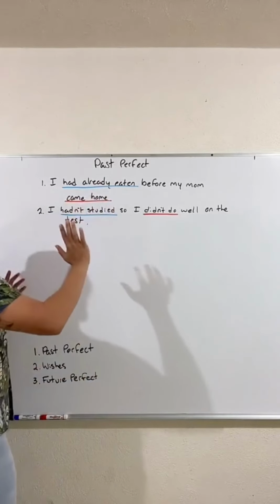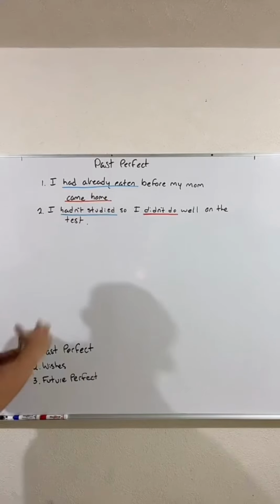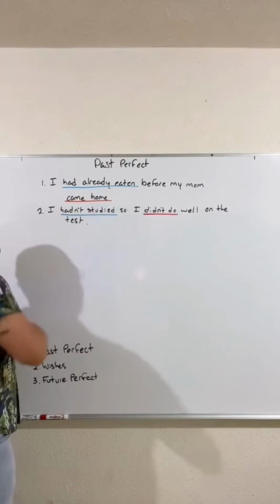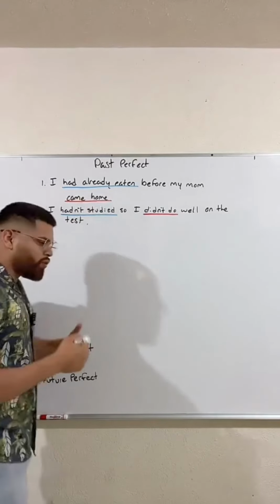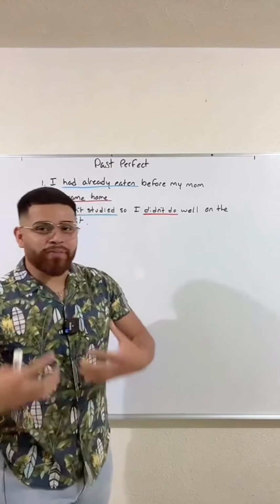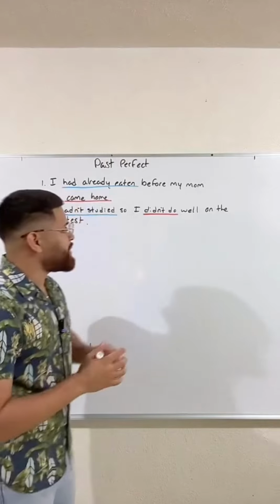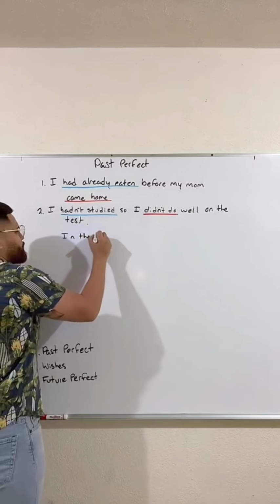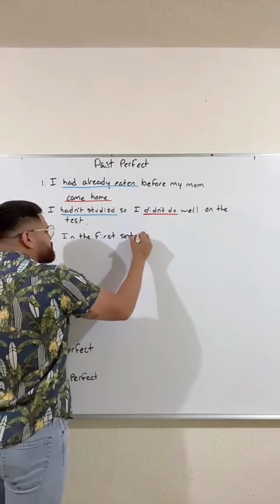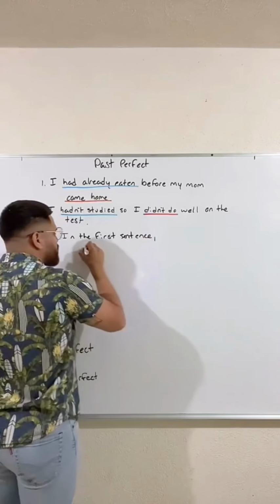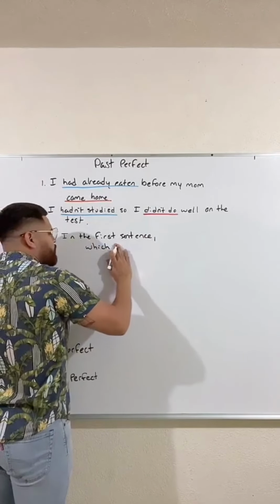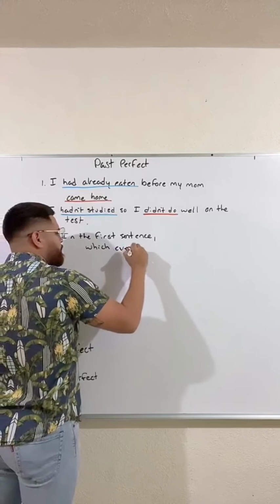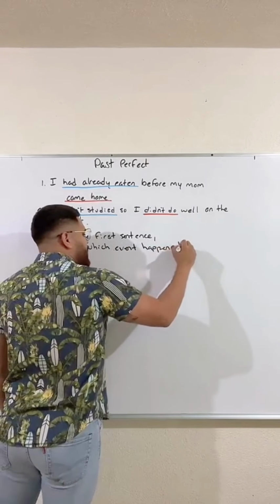If we look at these two sentences, they both have two actions, two events, but one of them happened before the other. So this is my question to you. I would like for you to help me answer the question, why? Why is this past perfect? First, in the first sentence, which event happened first?